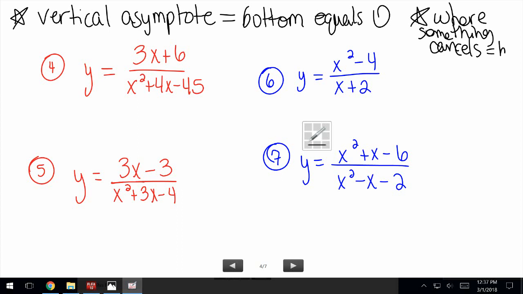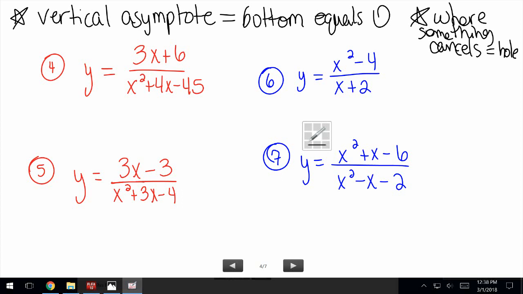Where something cancels, that's where you got a hole. Okay? All it wanted you to do, it doesn't say anything about horizontal. All it says on 4 through 9 is to find the vertical and find the hole. That's it.